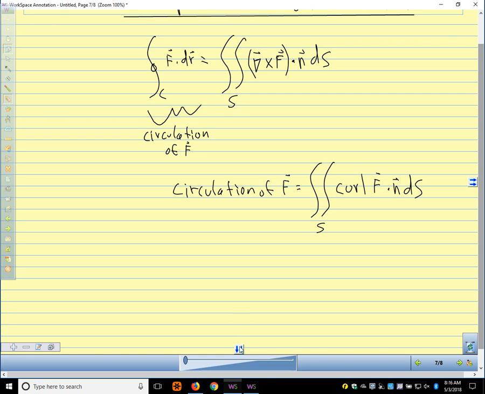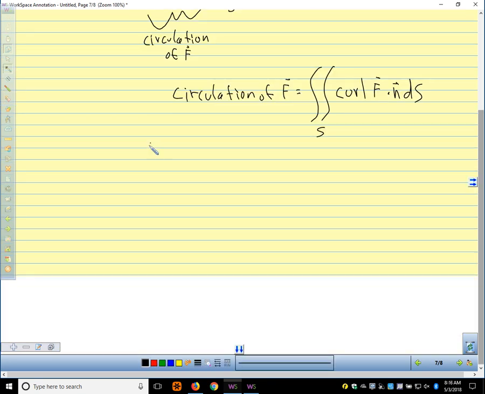All right, so imagine a tiny piece of surface, like we did with the divergence theorem. And we're going to say that the curl is nearly constant. It's so small that we can say that the curl is constant at that point. And our unit normal vector then is nearly constant.